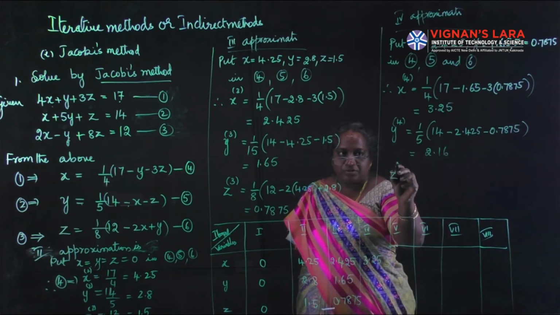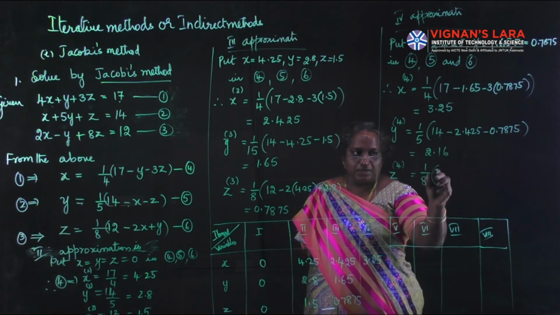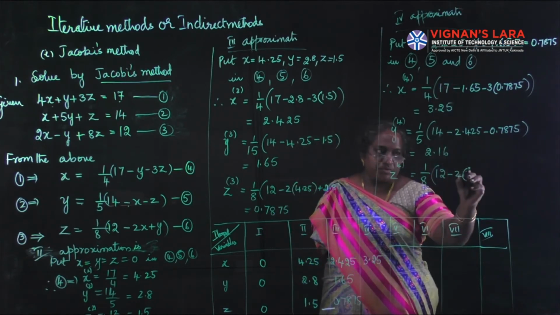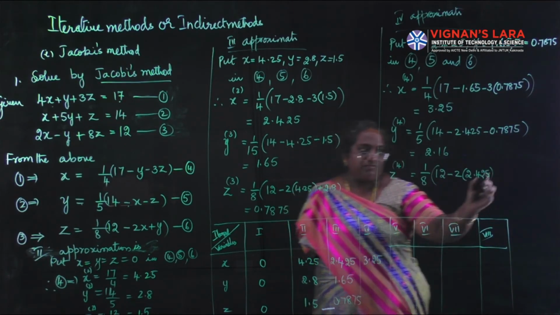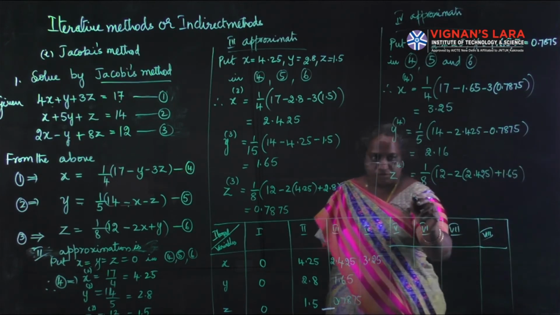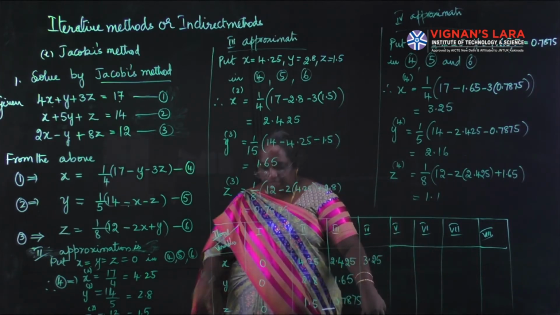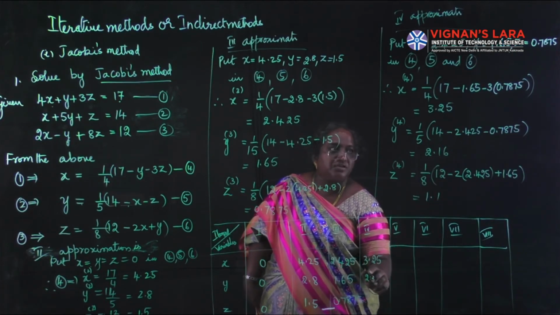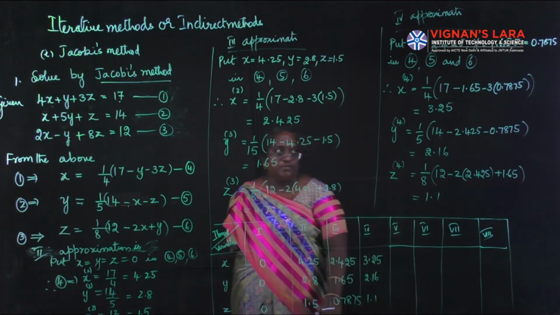Similarly, fourth approximation of z is 1 by 8 into 12 minus 2 times x, x is 2.425, plus y, y is 1.65. So what is the answer? It is 1.1. So now we will note down these values. The fourth approximation of y is 2.16. Fourth approximation of z is 1.1.